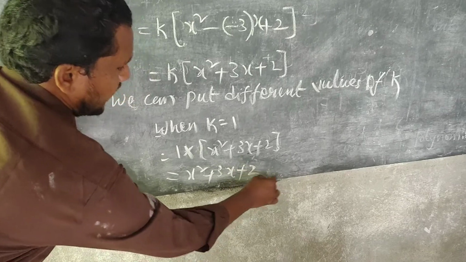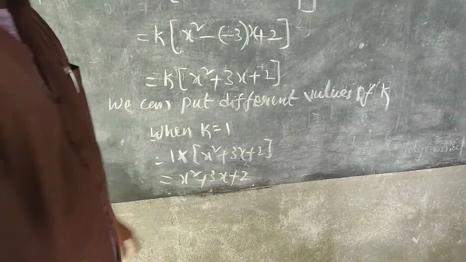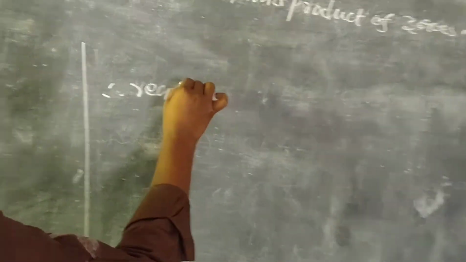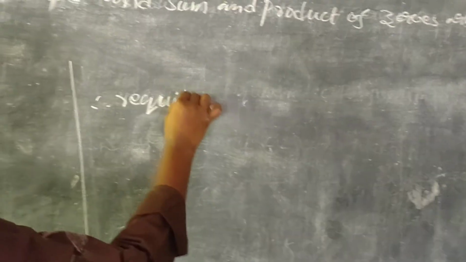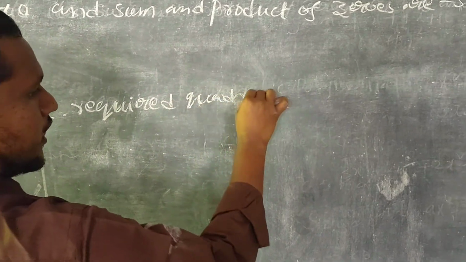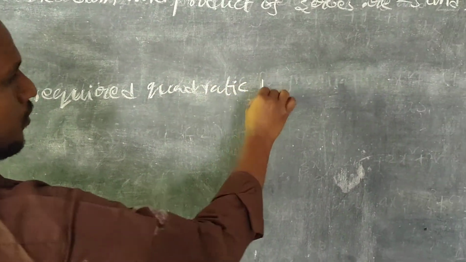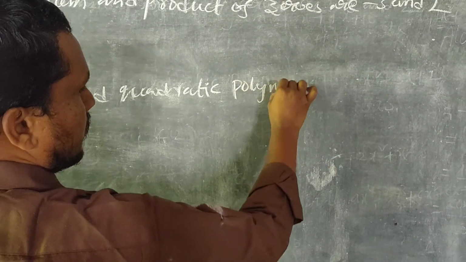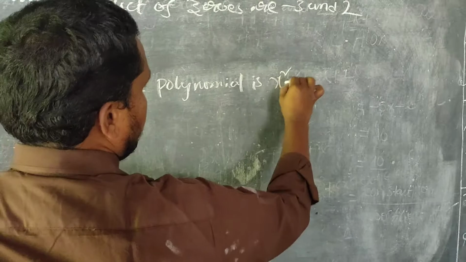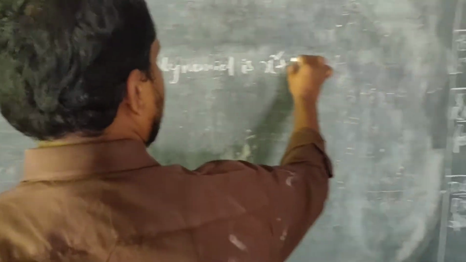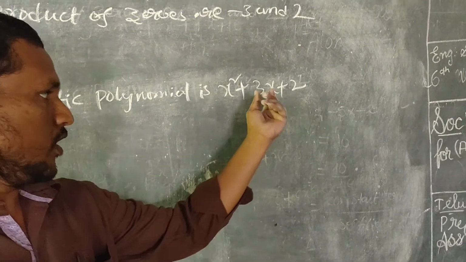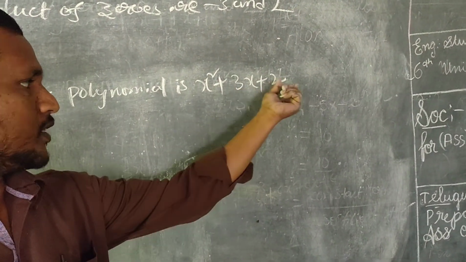That is the required quadratic polynomial. Therefore, the required quadratic polynomial is x square plus 3x plus 2.